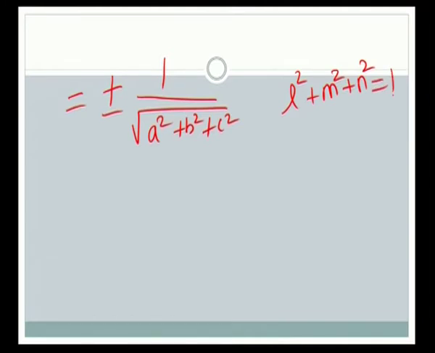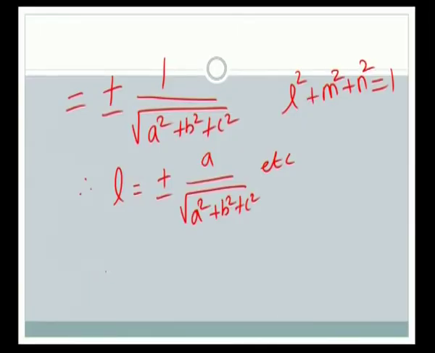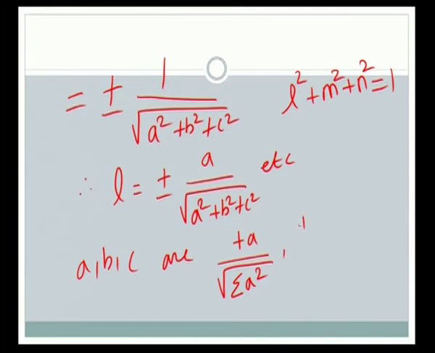Therefore, l is equal to plus or minus a by square root of a square plus b square plus c square, etc. Hence, the directional cosines of a line whose direction ratios are a, b, c are plus or minus a by square root of sum of a square, plus or minus b by square root of sum of a square, plus or minus c by square root of sum of a square.